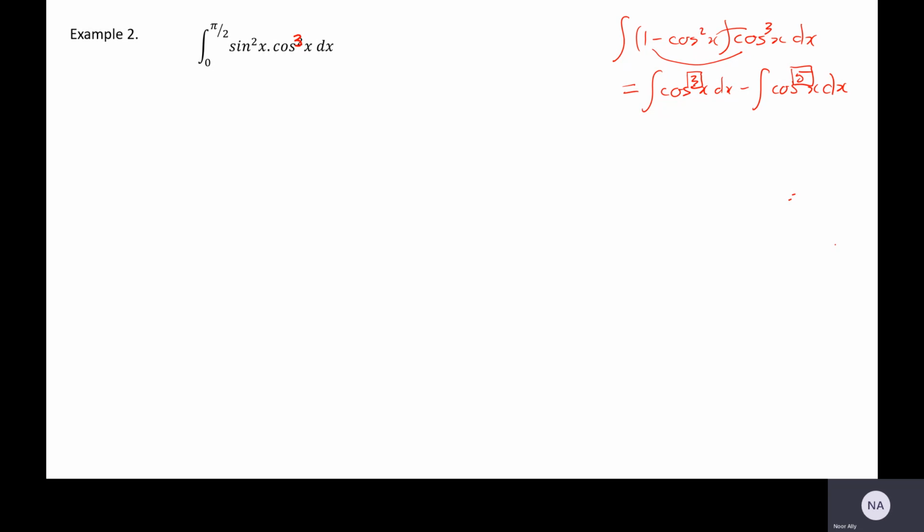This is an integral to the power 3. It's not x cubed. It's not u cubed du. It's cos cubed. So you can't do anything as it stands, like adding 1 and then dividing. You can't do that for the integral. You have to look at identities.